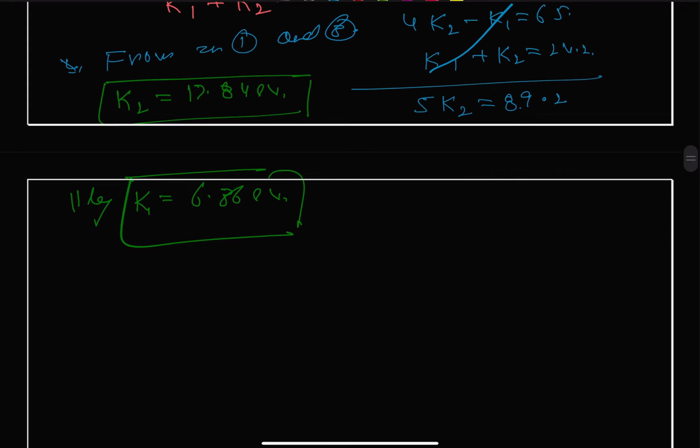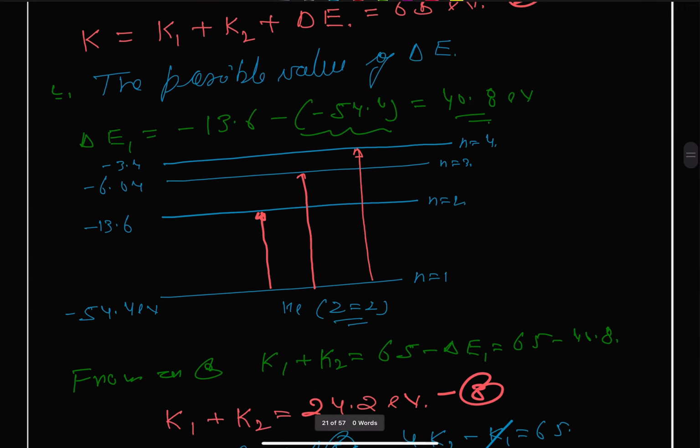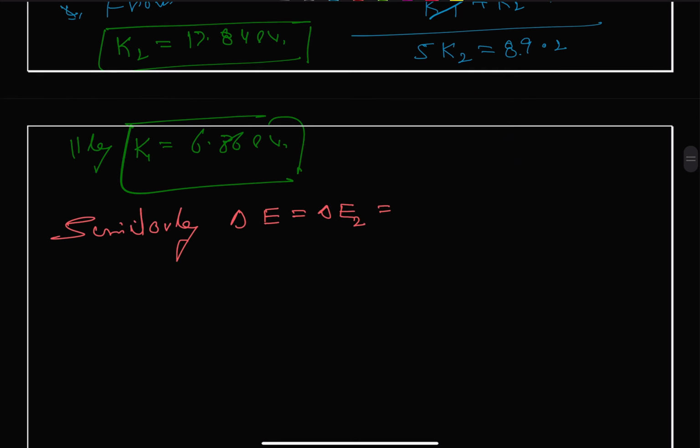So we can say similarly, our delta E is, suppose, our delta E2, which gives us minus 6.04 minus of minus 54.4. So from here we get our delta E2 will be equal to 48.36 electron volt.